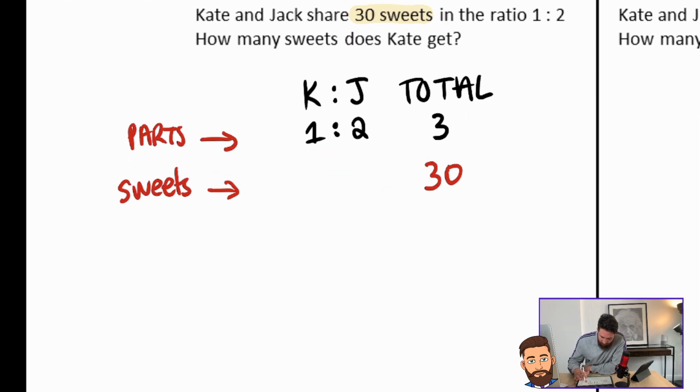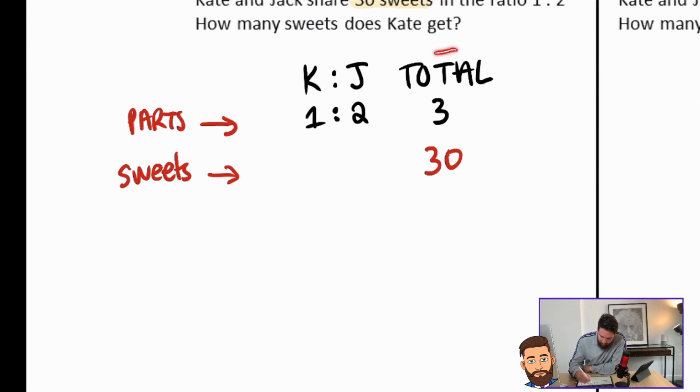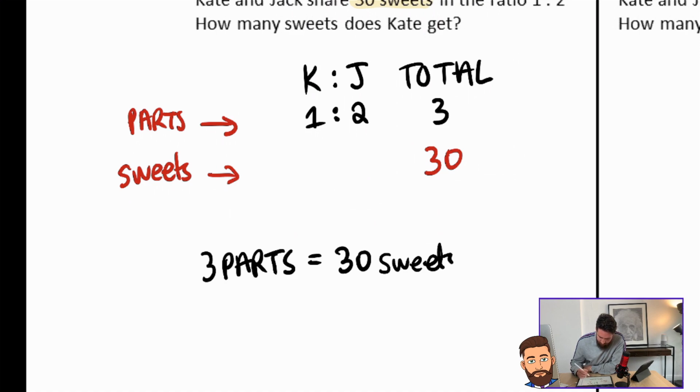This is quite a simple example, but if I read down this total here, what does this tell me? This tells me that 3 parts equals 30. So we can write that. We can say that 3 parts equals 30 sweets. You don't have to write sweets, but that's the context of this question.